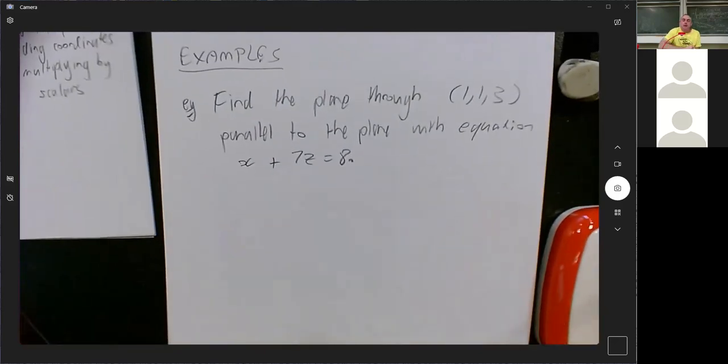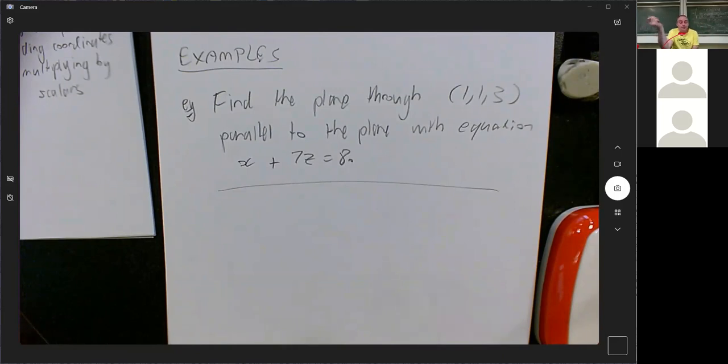So I know several things about plane equations. Plane equations are Cartesian equations, it's going to be something x plus something y plus something z equals something.